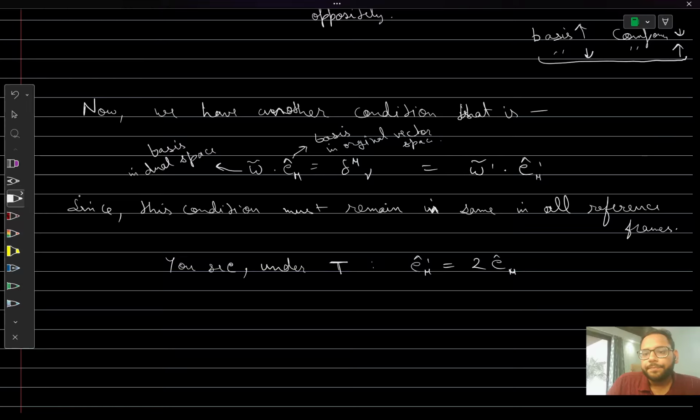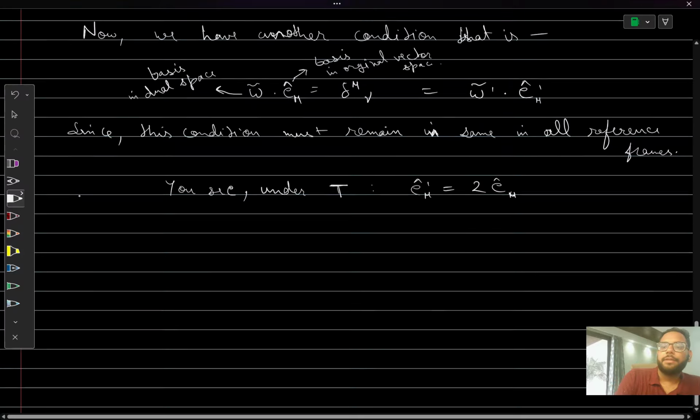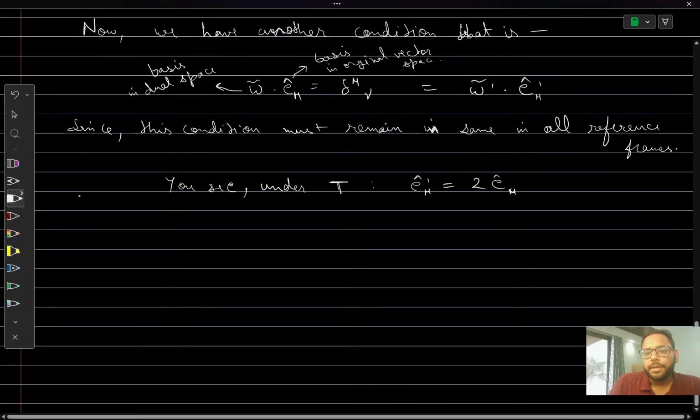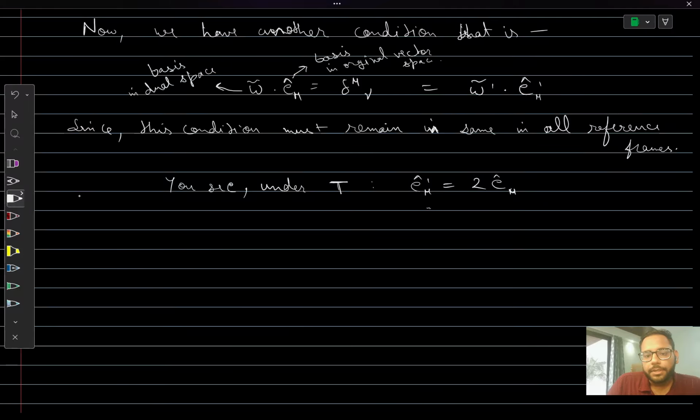And since this condition must also remain invariant in all reference frames, if I am transforming, what does this mean?